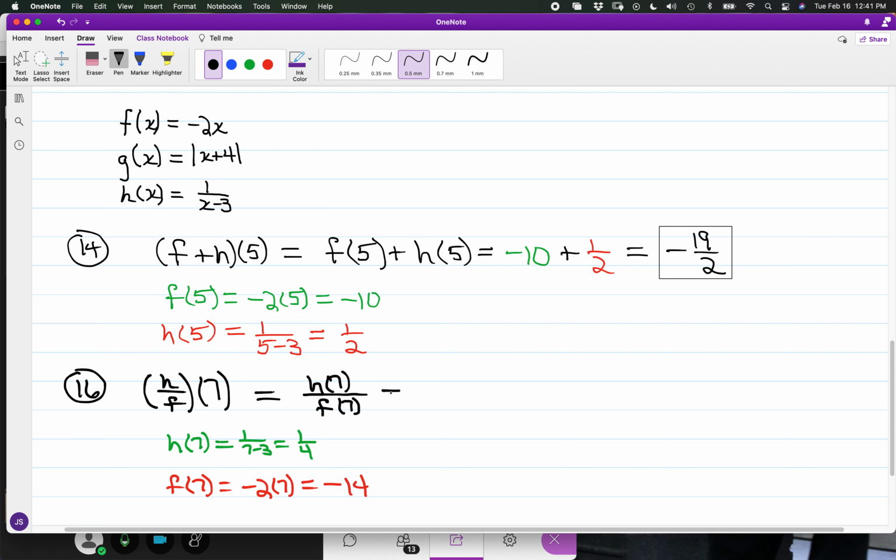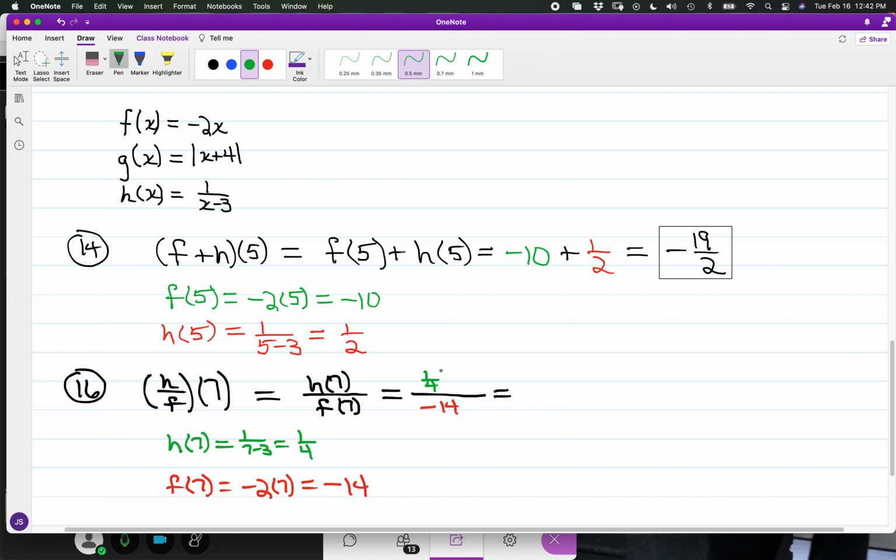So just looking at what we have with the inputs, for h of 7 we have 1/4, all over f of 7, which is negative 14. Here we have a little bit of a complex fraction, but let me show the dynamics that would carry out.